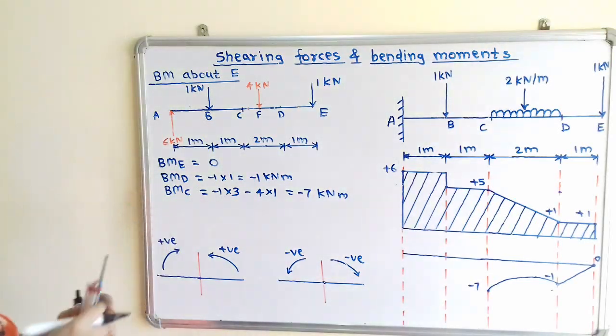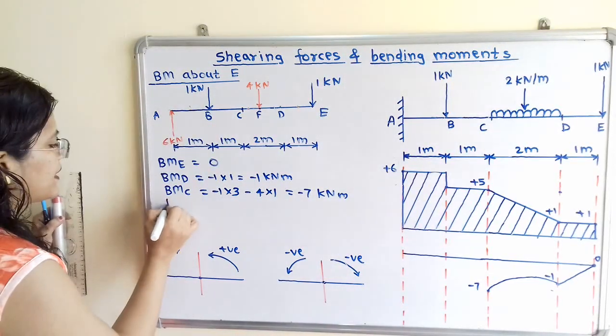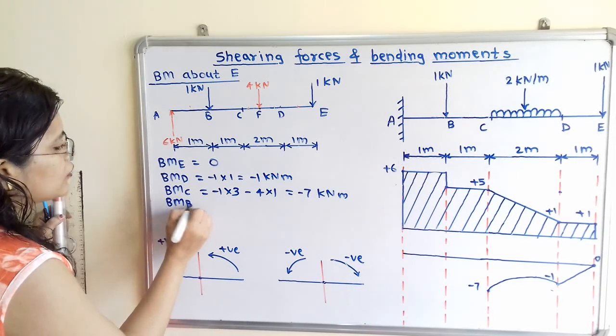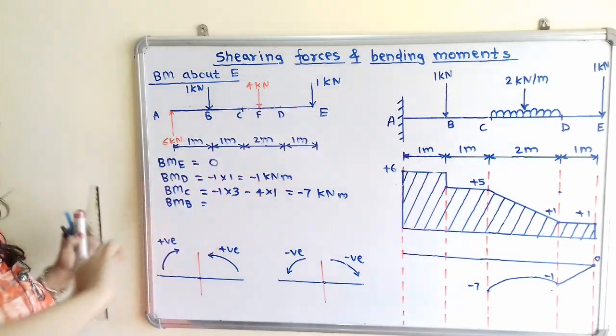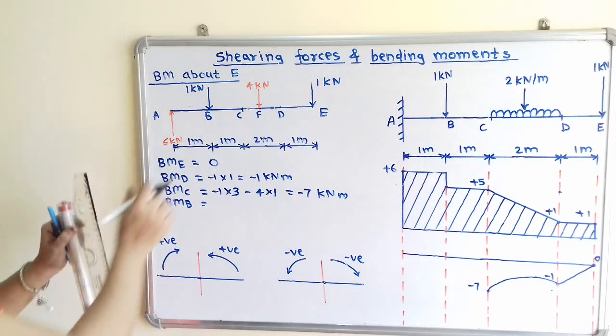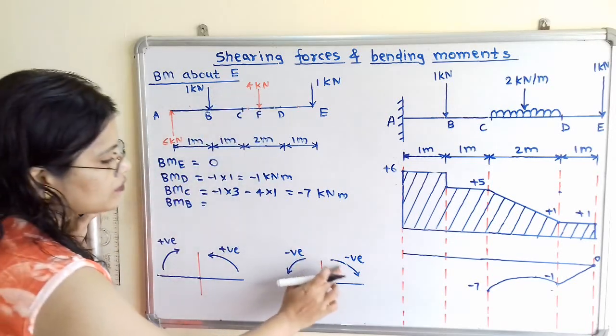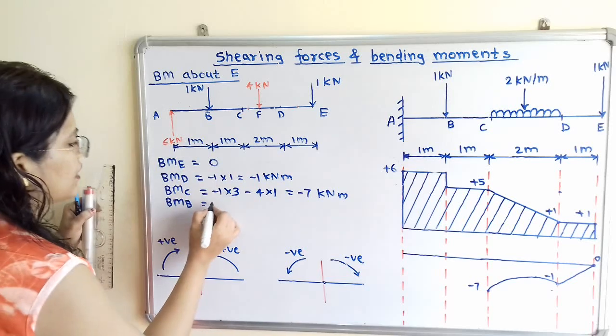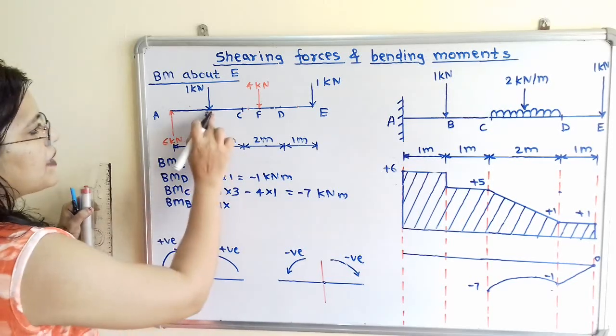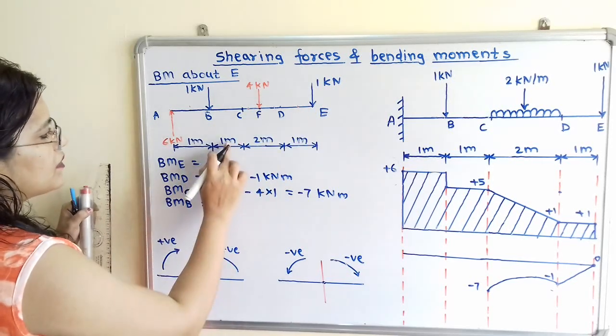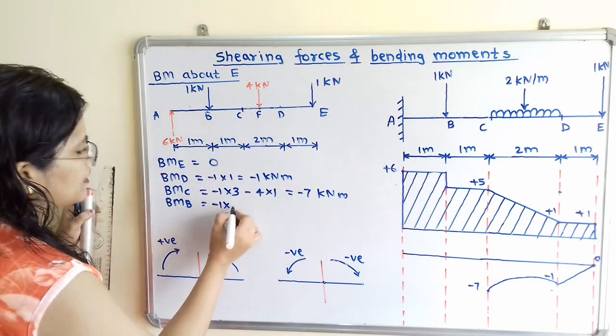Now we will move to the next, bending moment at point B. Again we have to observe the right hand side forces. If I move the compass in the direction of 1 kilonewton, then it is clockwise direction, so negative sign. So -1 multiplied by the distance from this point B. 1 plus 2 plus 1, that is 4.